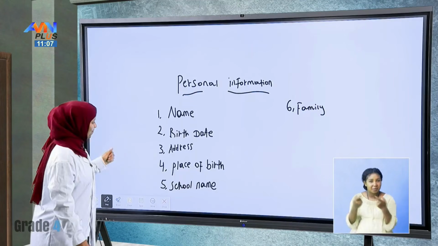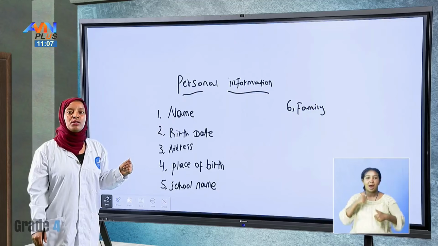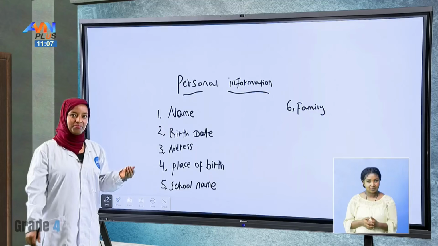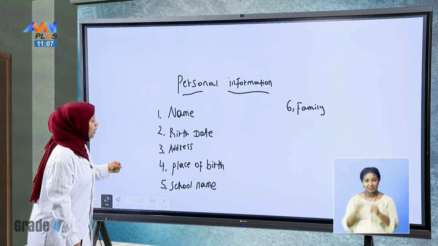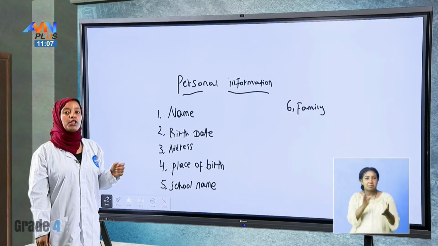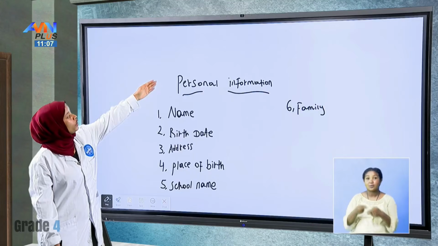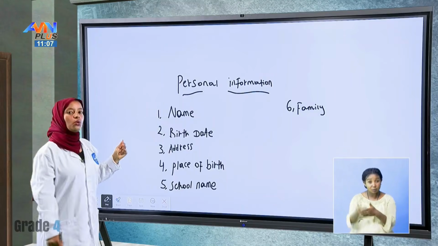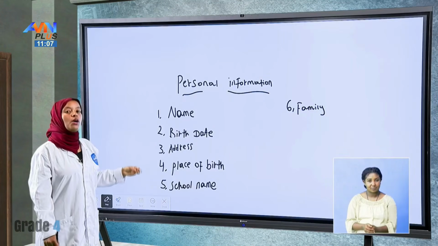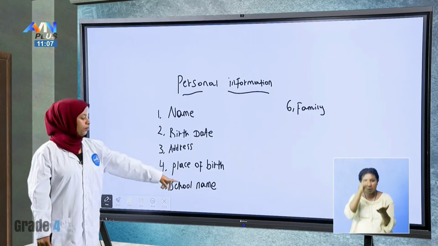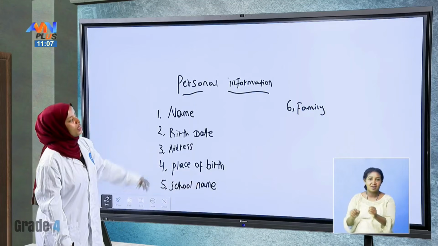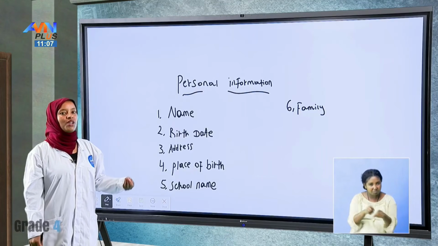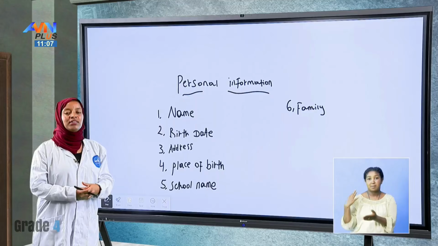Bravo, students. The next one is address. Where do you live now? Bravo, students. Place of birth. That is also included in personal information. The next one is school name. Yes, students. Where do you learn now? You can put the information here. The next one is family name, like your parents, your dad or your mother's names. You can add them as personal information.